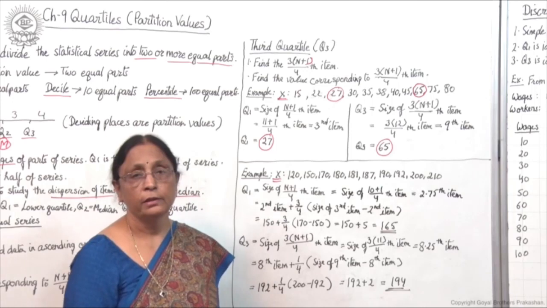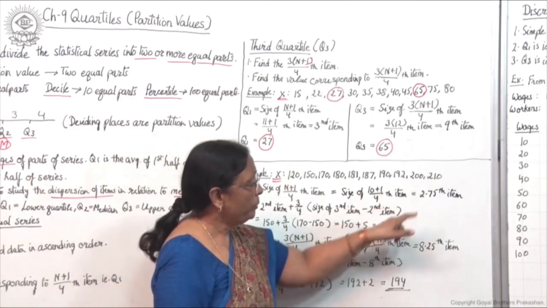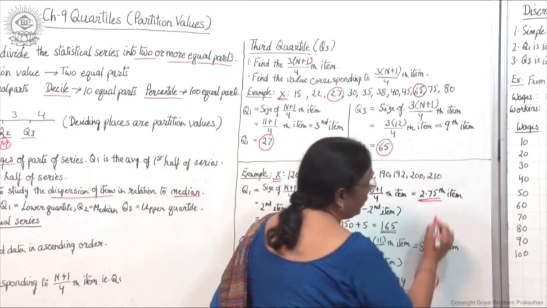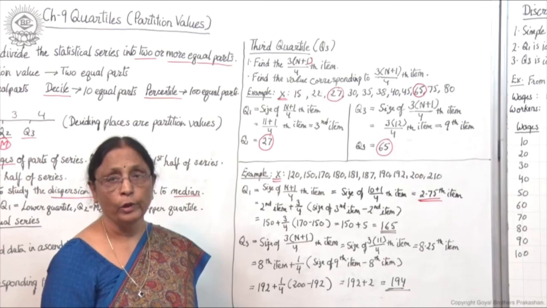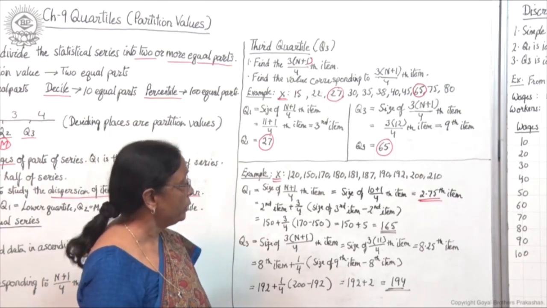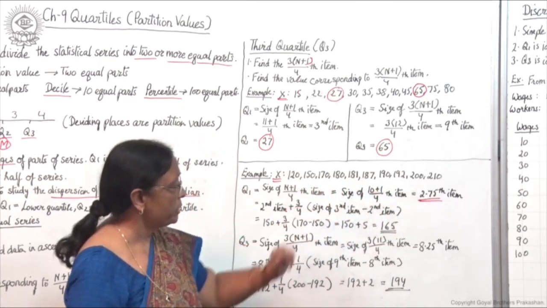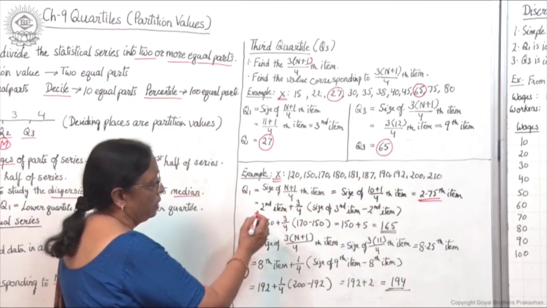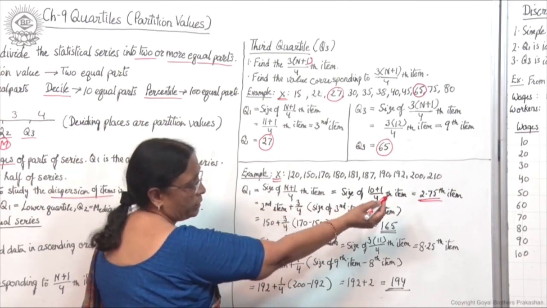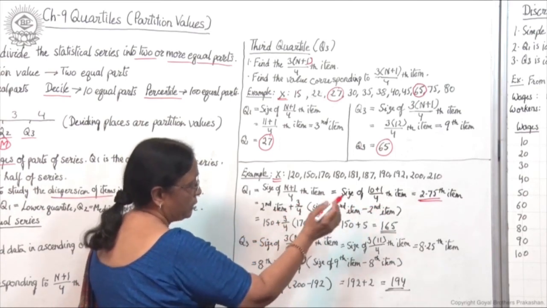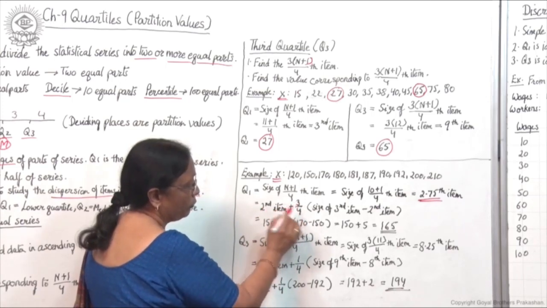So n is 10, 10 plus 1 upon 4th item, so it becomes the 2.75th item. 2.75 is not Q1, it is the 2.75th item. You have to find the 2.75th item in the series. Here it is the second item plus 3 upon 4 because it is 0.75. Second item plus 3 upon 4.